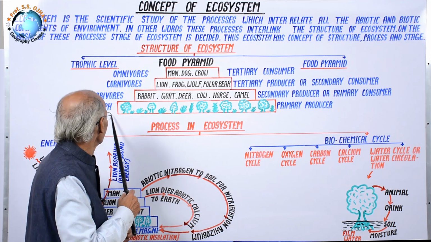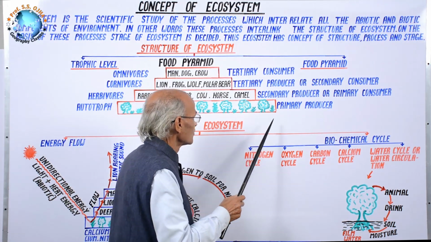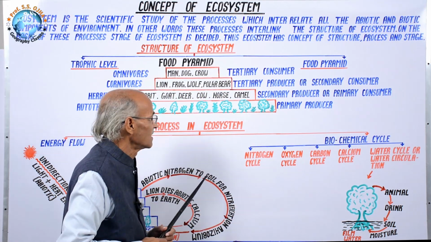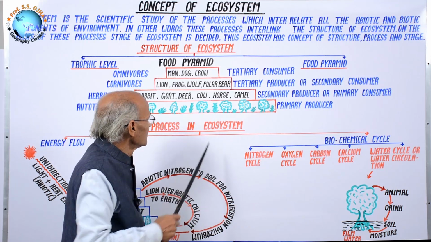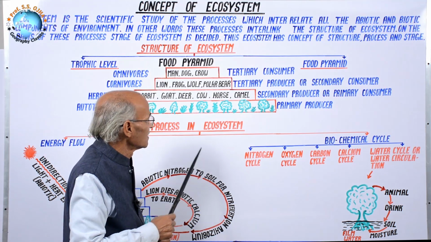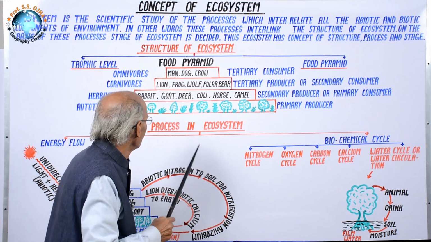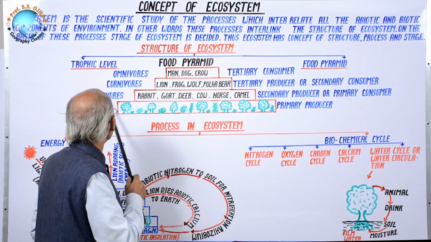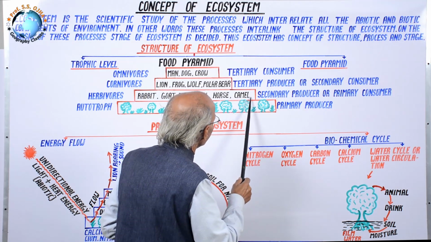But here we have to study that the base of the ecosystem structure is autotroph, and these are also termed primary producer because they don't take food from any other source. Rather, these plants, this flora, make food from the abiotic sources like insolation, like light, heat, and soil nutrients, which are abiotic. On this flora depend the herbivores. Herbivores means rabbit, goat, deer, cow, horse, and camel.